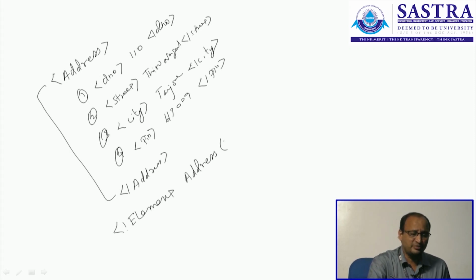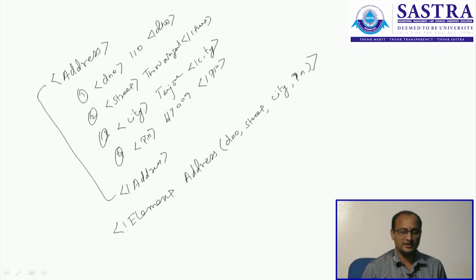I want to keep the same order, in the sense the same way I have to write. I should not change the order. Then only my XML definition is working fine for the address element.